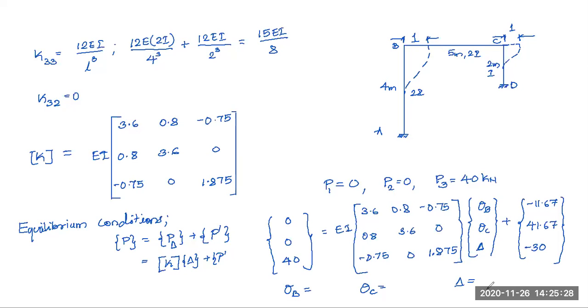Second matrix, if I take it on this side, is a 3 by 1 matrix: 11.67, minus 41.67 and 40 plus 30, which is 70. Please calculate, I'm trying to calculate. So matrix A inverse into matrix B.